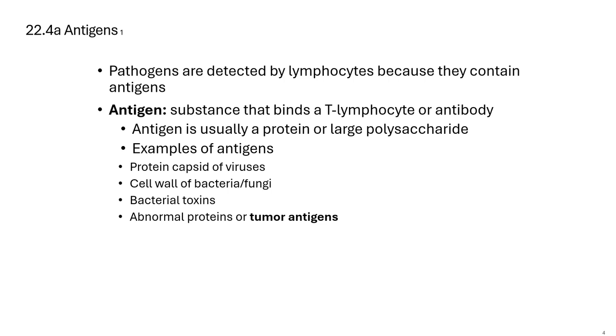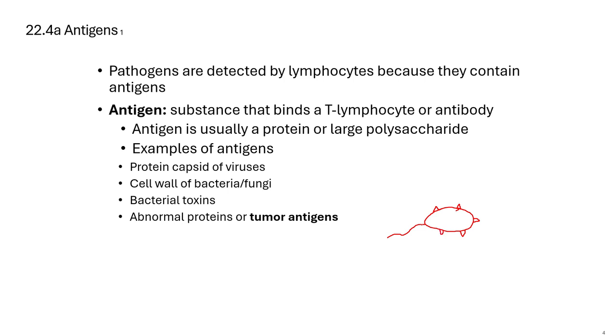So if you imagine, if we drew a bacteria, here's a flagellum. The antigens would be these little markers on the outside of the virus, or in this case, the bacteria, right?